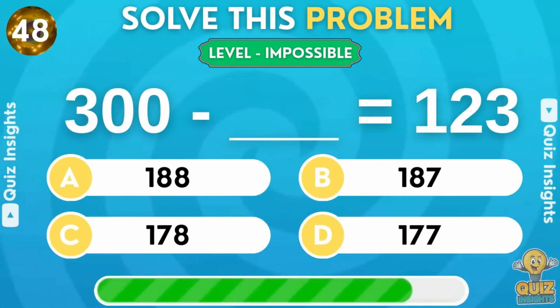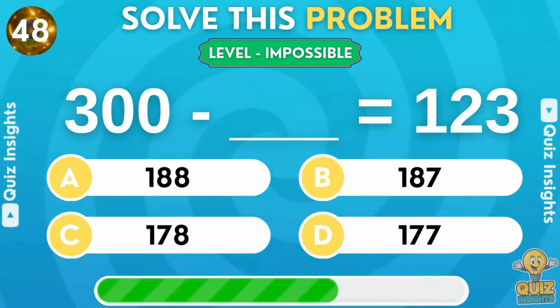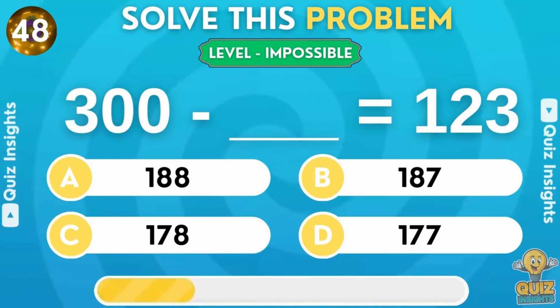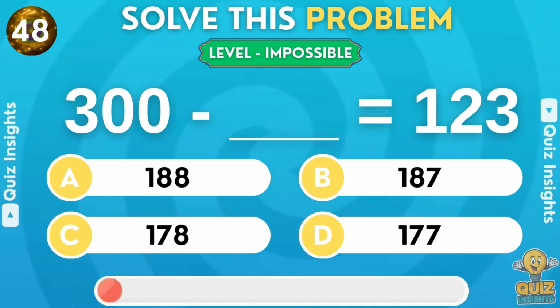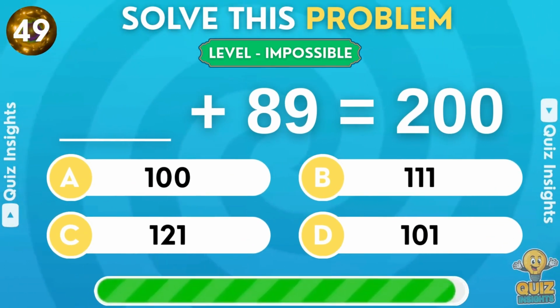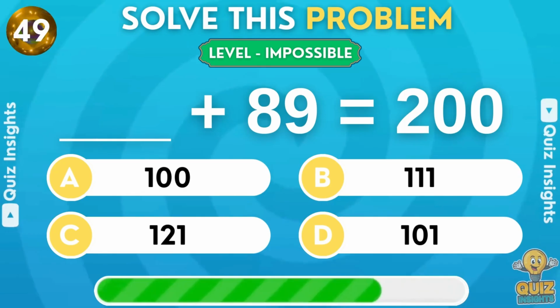300 minus what number equals 123? It's 177. What number plus 89 equals 200?